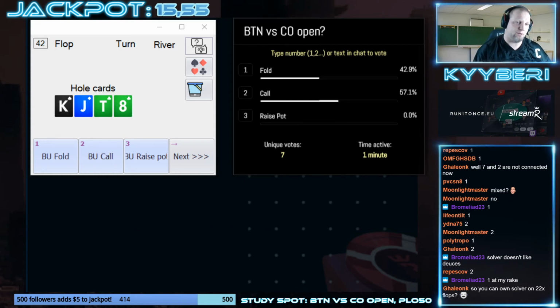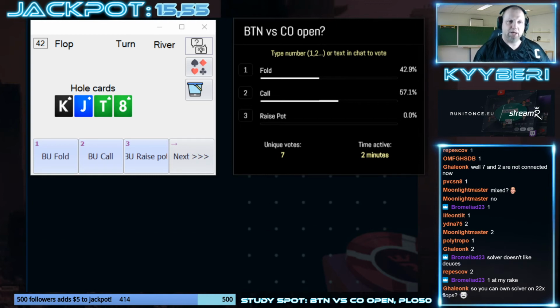If I'm not sure whether I should 3-bet or call, I tend to call. Because probably if I'm not sure, the EV is quite close. But like here, I'm not sure if I should call or fold, so the EV is quite close. So in the long run, even if I play this very well postflop, it doesn't make a difference. But if I fold, the EV is always 0.